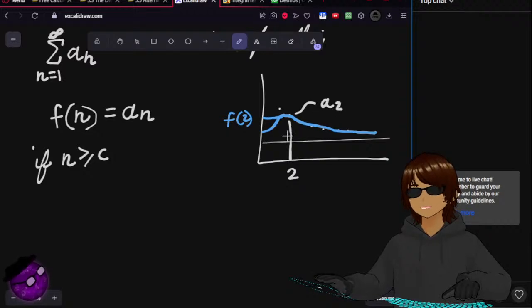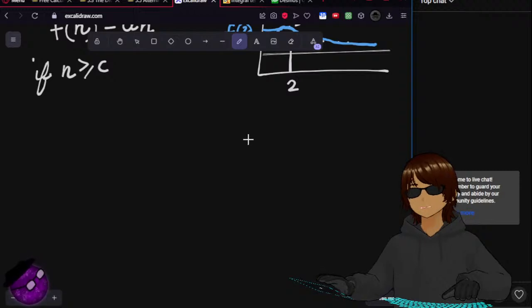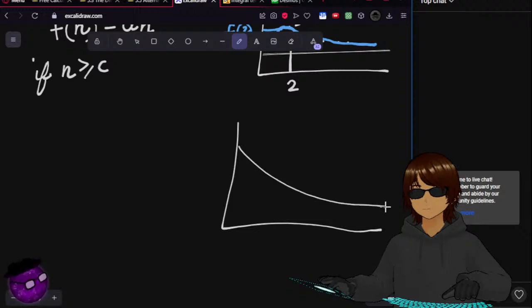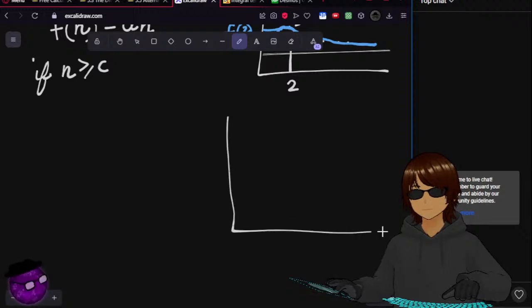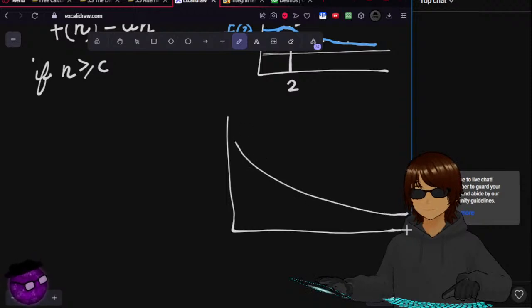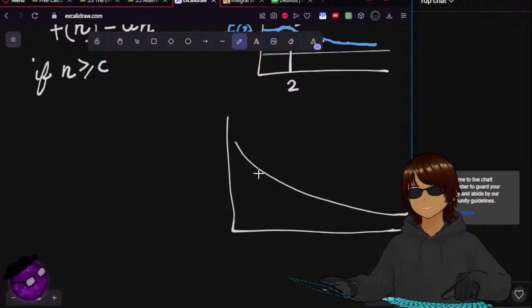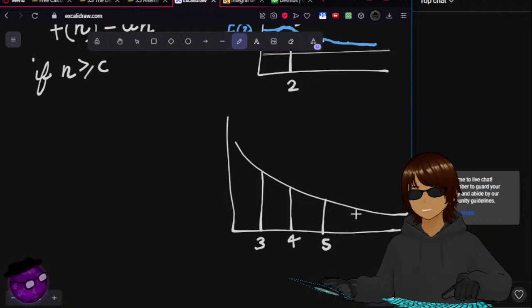So basically we can do an integral test over here, where we can use the left Riemann sum and right Riemann sum with intervals of, let's say here we have 3, 4, 5, 6, 7.